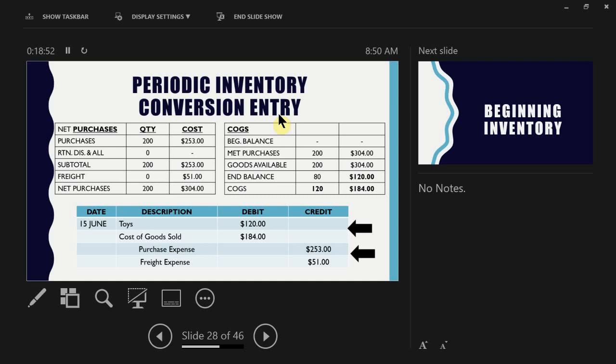In my scenario, I purchased toys, so when I make my conversion entry, I need to recognize that it belongs in the toys section under inventory. Remember when we talked about main accounts, inventory would be the main account, but that's too broad. If you're a store selling multiple items, you want to break it down into sub-accounts.